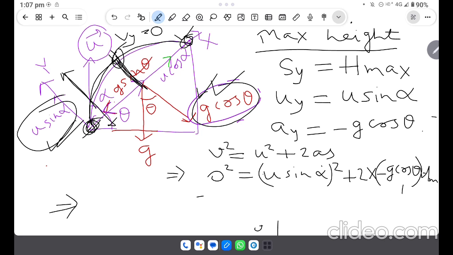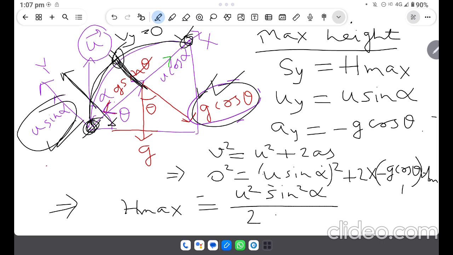So from this we can write ultimately h max is equal to u square sin square alpha divided by 2g cos theta.